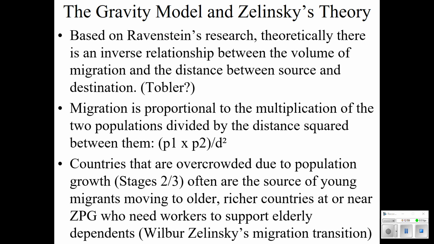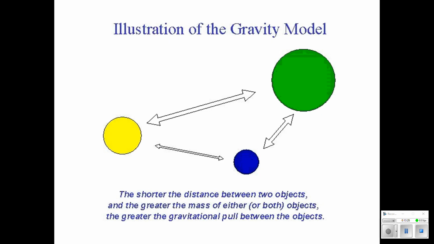Countries that have large youthful populations, that's always going to be a country that has a large number of emigrants with an E. And the countries that are older, that are richer, are always going to be places that people want to go to. And so the immigration with an I is going to be higher in places like the US and Canada, Australia, European countries, because these youthful people from the less developed countries are seeking better opportunities in those places.